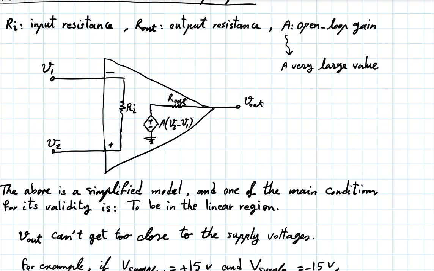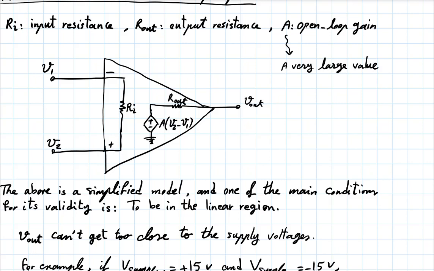What do you think we want for the output resistance, R out? A high value or a low value? We want a low value for the output resistance, and here's why. Well, this dependent voltage source gives you the multiple of the input voltage difference at the node right here.